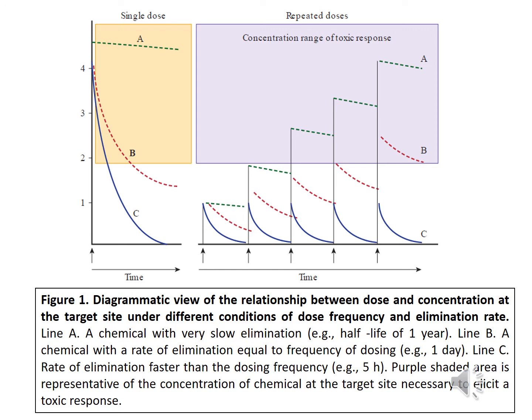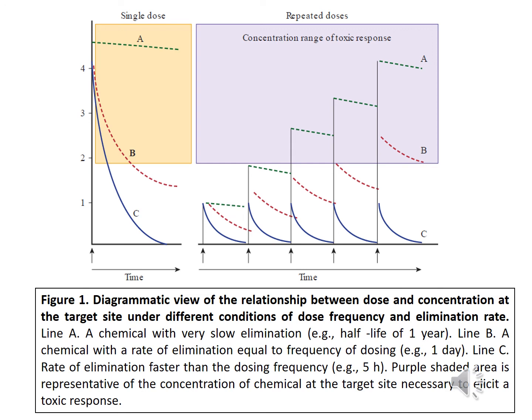The figure on the left-hand side shows that chemicals A, B, and C can produce toxic effects in a single dose, and we can see that the toxic concentration of 2 units has been achieved by all of them. Concerning the figure on the right-hand side, the same total dose of each chemical has been given in several intervals.